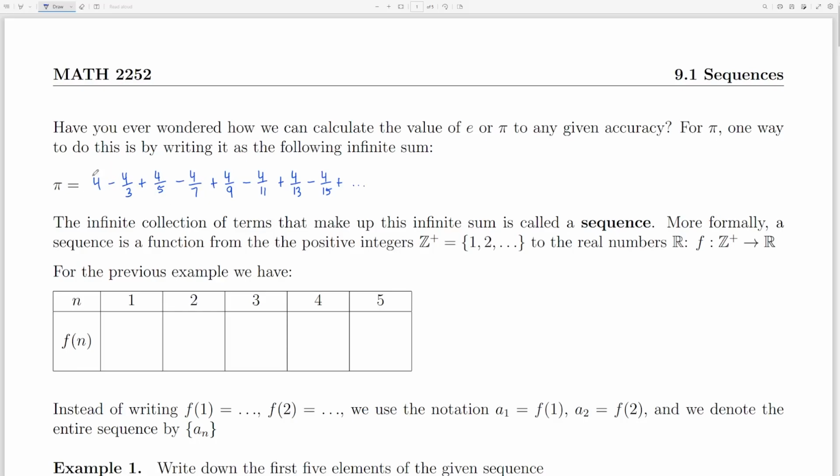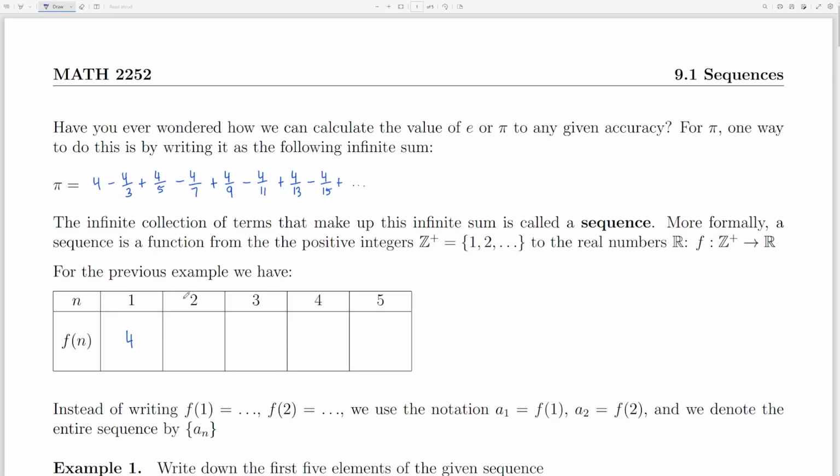Now, the elements or the terms of this infinite sum are called a sequence. And if we want to define that more formally, a sequence is a function from the positive integers to the real numbers. So if we look at the previous example, we can write down the first 5 elements of our sequence or our function. For the input n equals 1, the first element is positive 4.